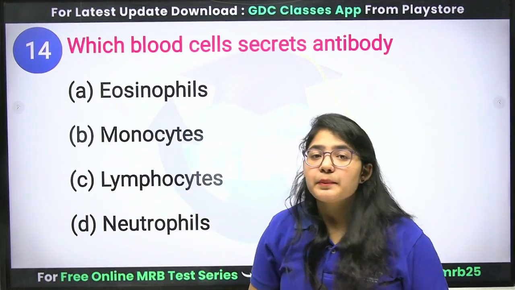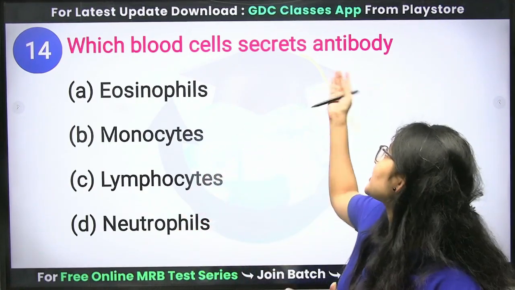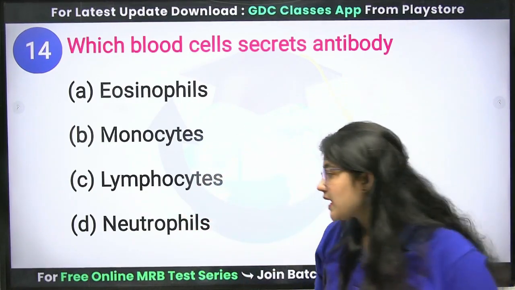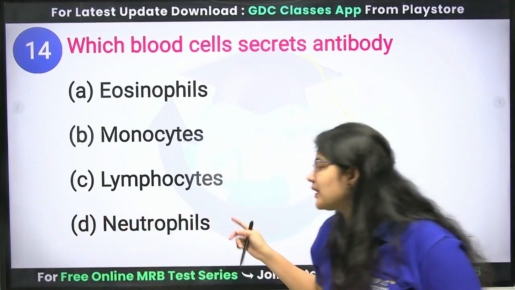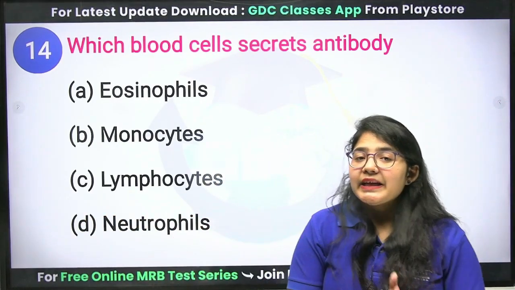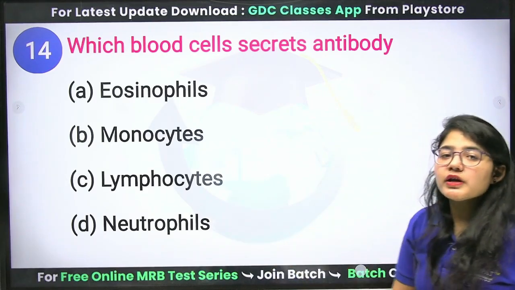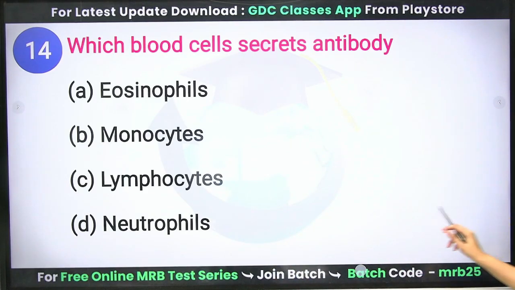Lymphocyte is a type of WBC, and it is responsible for the production of antibodies, as well as neutrophil. From this phil you can remember kill. So the killing of bacteria, virus and fungi is the function of neutrophil. So what will be the correct answer? That is lymphocytes.